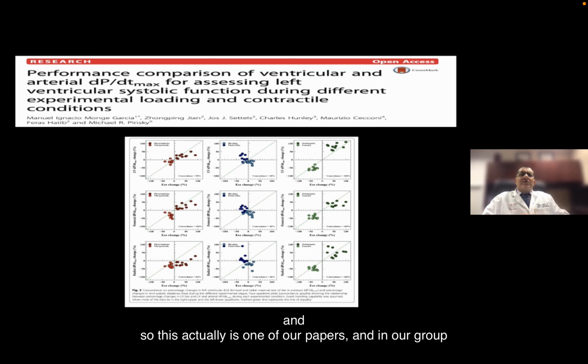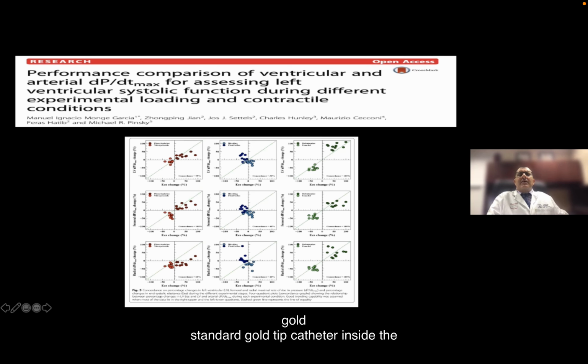And so this is one of our papers in our group, where we looked at: can I have an arterial waveform, and is my arterial contractility the same as my left heart contractility? What we did is put a gold tip catheter inside the left ventricle, and then we measured the arterial dP/dT and compared it.